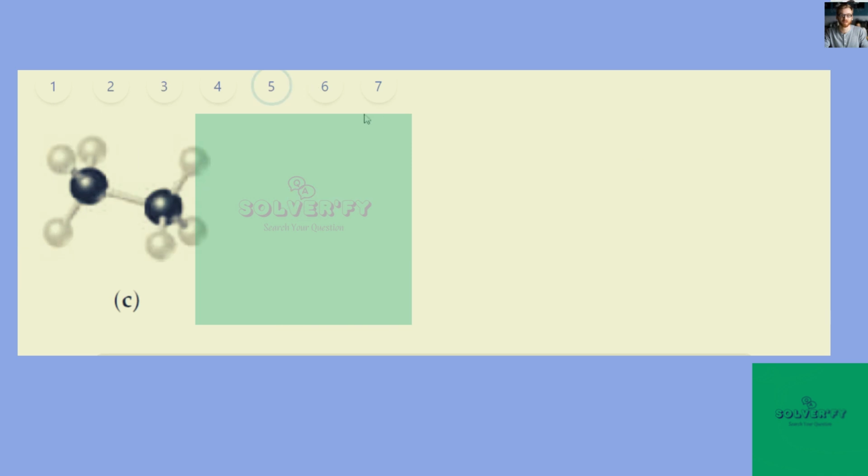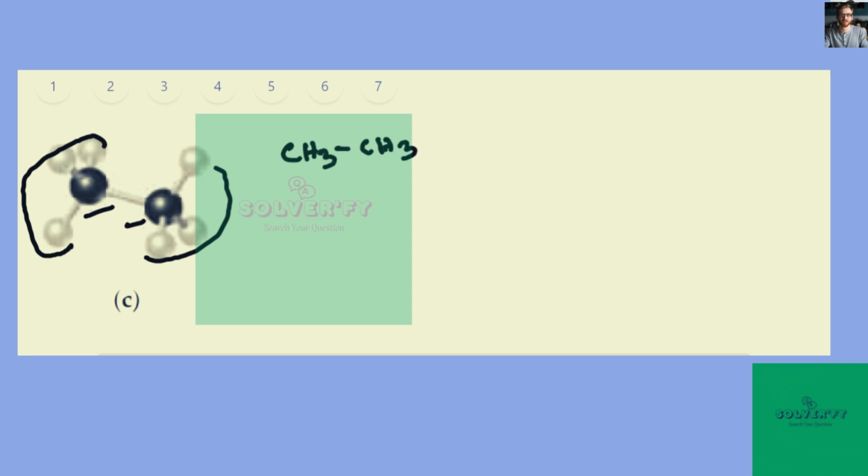Then we move to our next problem. Here we can see that we have two carbons and three hydrogen bound to each carbon. That means the formula is CH3, or we can write it as C2H6.